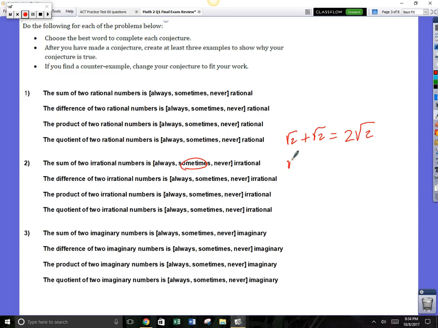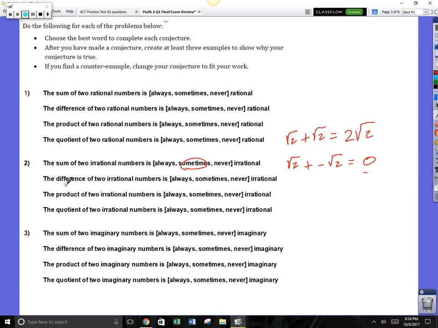But if I look at the square root of 2 plus a negative square root of 2, that creates 0, and 0 is rational. There's no decimal, nothing. That's a sweet number, nothing funky about 0. So that is irrational, but the answer is nice.